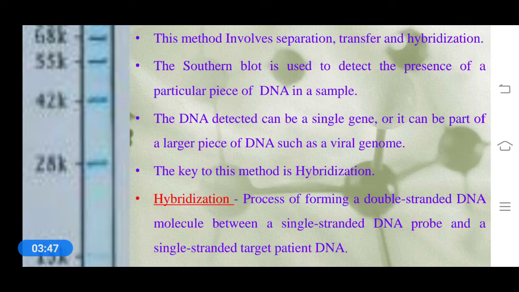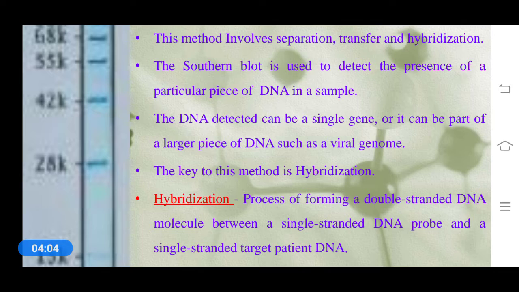At the end of agarose gel electrophoresis, whatever DNA bands are produced on the gel will be transferred. So this is the second step.